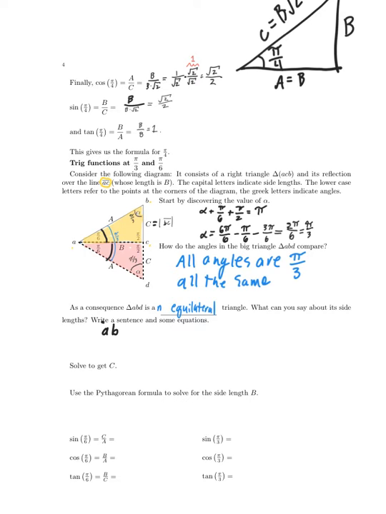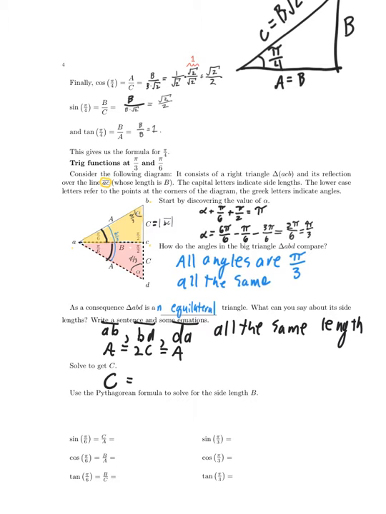The line segment from A to B, the line segment from B to D, and the line segment from D to A are all the same length, which means that A is equal to 2C is equal to A. Okay, so the first and last A, one of the two is redundant. You already know that A is equal to A. What's important is A is equal to 2C. That tells me what C is. C is equal to A over 2.